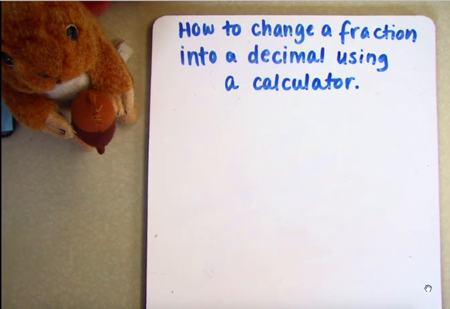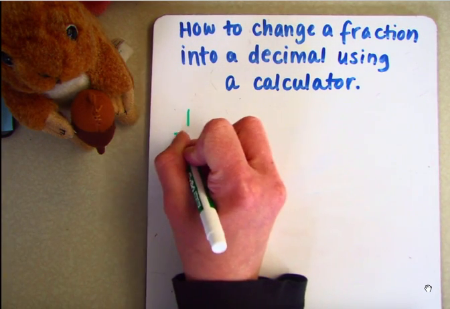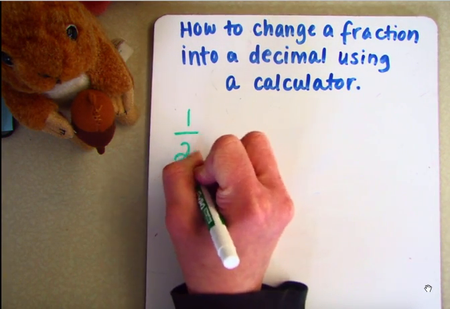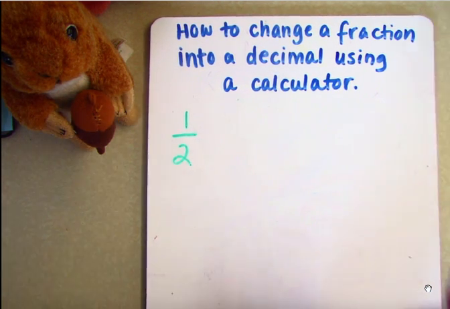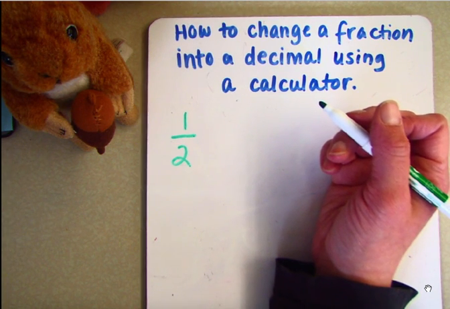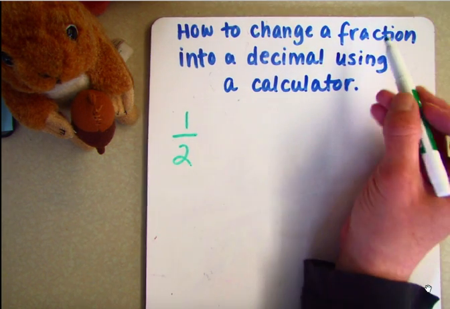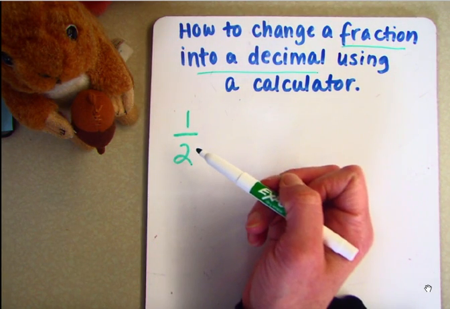I'm just going to write down a basic fraction. Probably one that you know already. In fact, I know you know already. And it's the fraction 1/2. Now, remember that fractions are just division that hasn't been done yet. So whenever we talk about changing fractions into a decimal, all we're really doing is dividing.